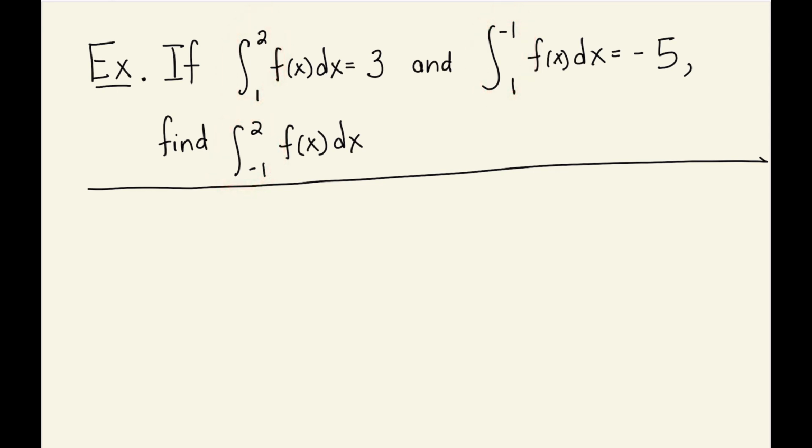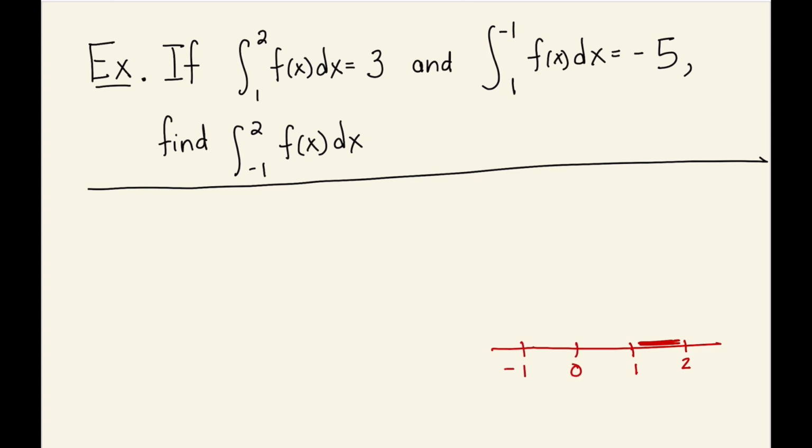So the first thing I usually do is try to organize things and get a sense of what I have and what I don't have. So I have the definite integral of my function from 2 to 1. And I'm being asked for the definite integral from 2 to negative 1.